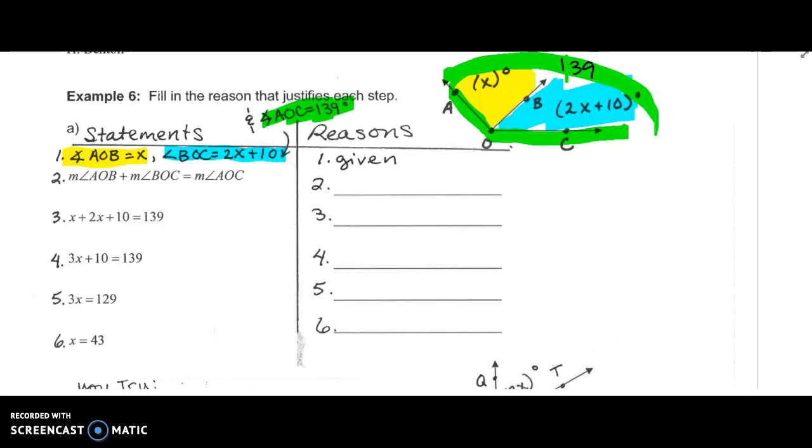And then our second line is AOB plus the blue part, BOC, adds up to the whole AOC. So part plus part equals whole. For angles, we call that angle addition postulate.